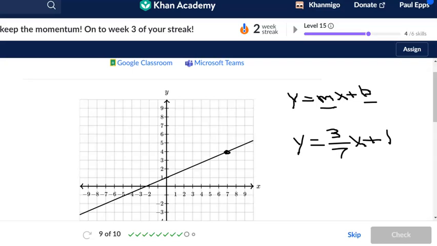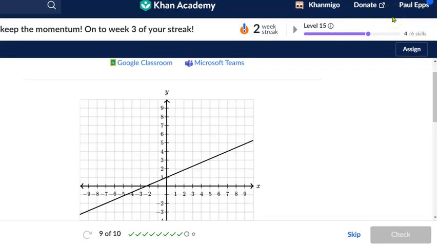All right. Can I scroll and write at the same time? I don't think so. No, it's not going to work. All right, I'm going to have to turn the writing off. But remember that, 3/7 x plus 1.